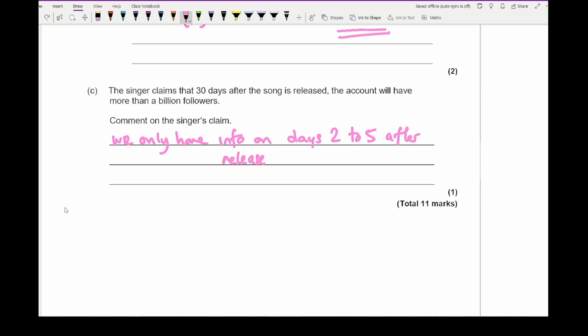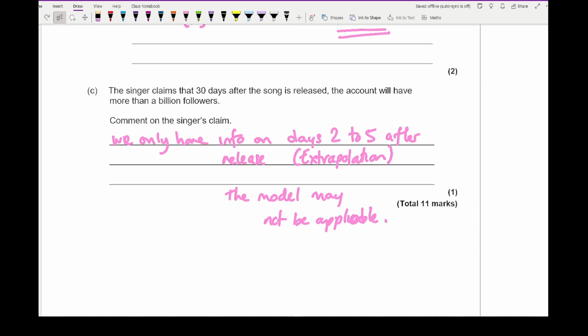So we can say that through extrapolation it's difficult to see how the claim is correct. So the model may not be applicable. Something along those lines would be absolutely fine.